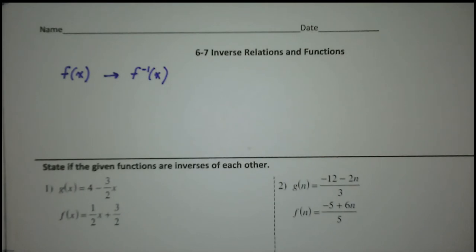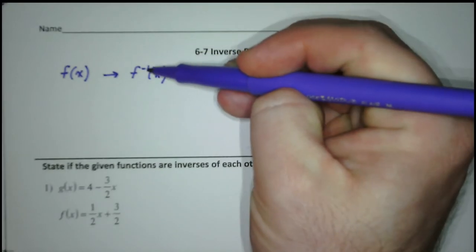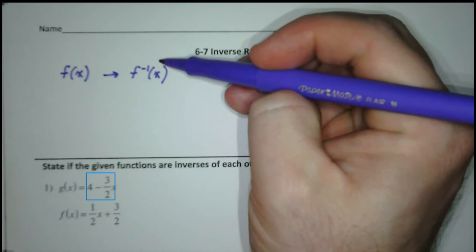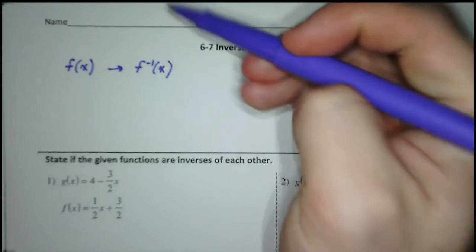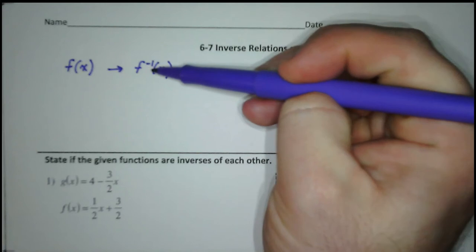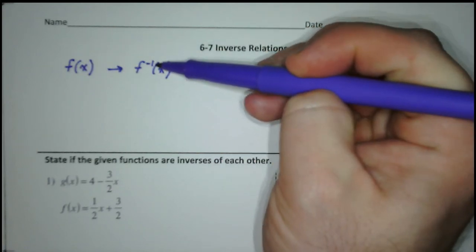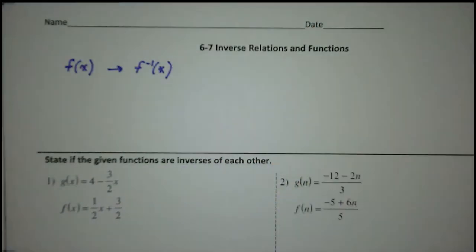One of the biggest points of emphasis I want to make is how misleading that is. I've never liked how they use this notation to represent the inverse of a function. So we have f of x, and this would be the inverse of that function, f inverse of x, with that negative 1.